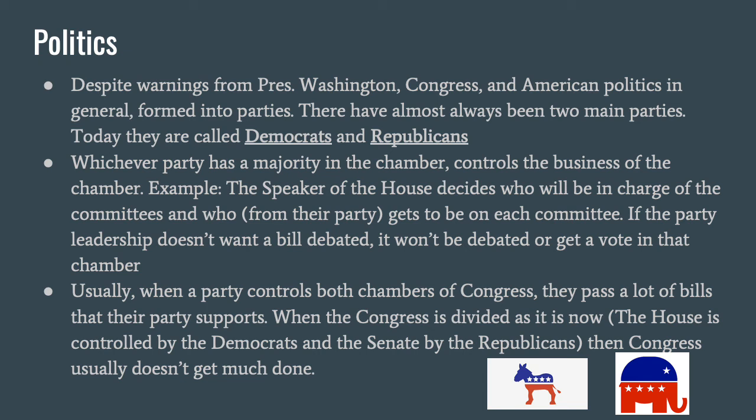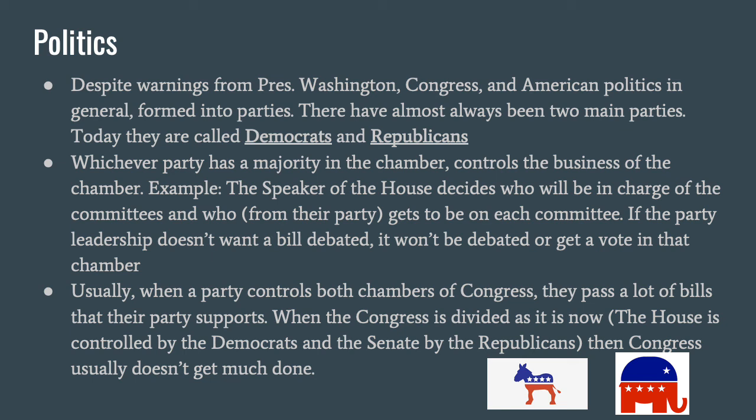Usually, if your political party has had a really good election and controls both chambers of the Congress and the presidency, then that party's values get turned into law. So 10 years ago, which is the last time the Democrats had that, where they controlled both houses and the presidency, they passed what we call Obamacare. They did healthcare.